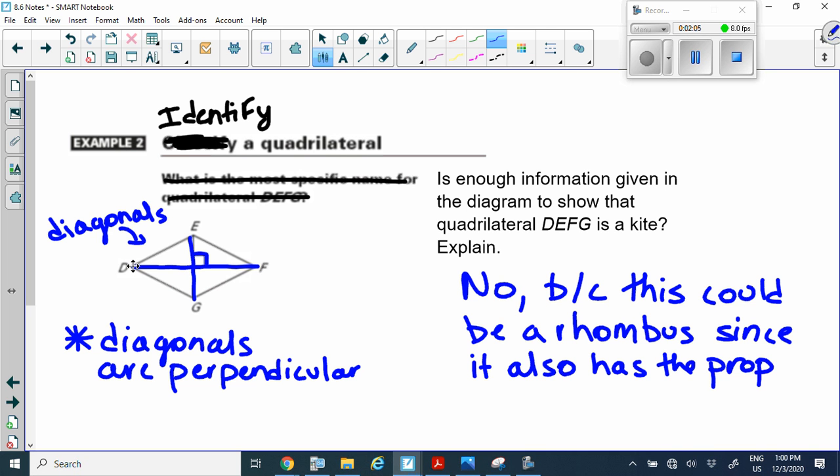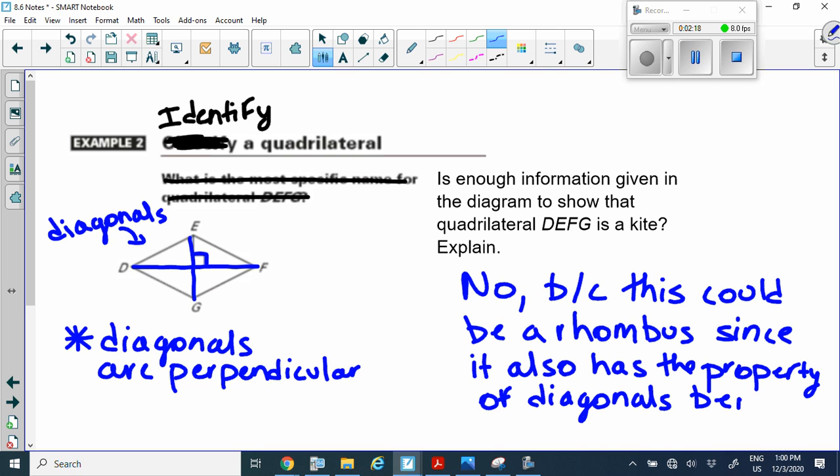So I'll say, since it also has the property of diagonals being perpendicular.